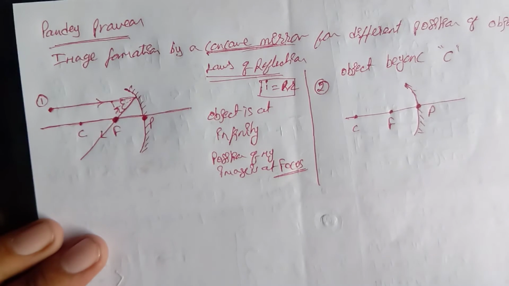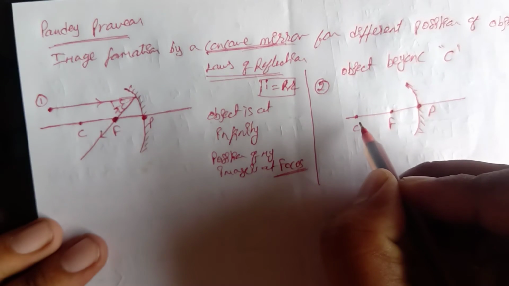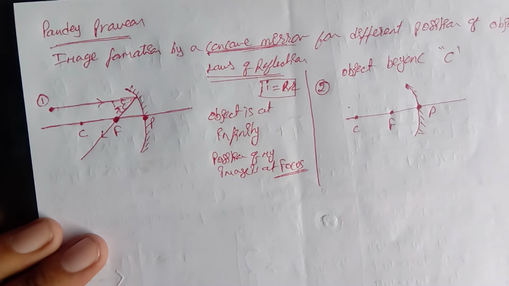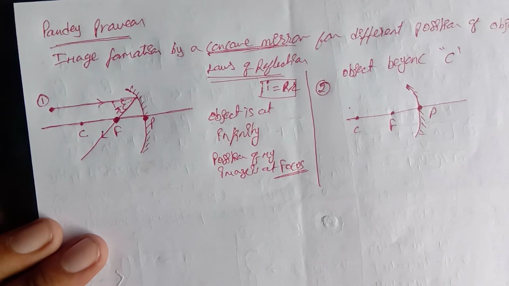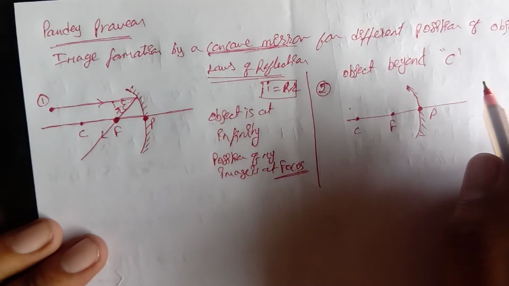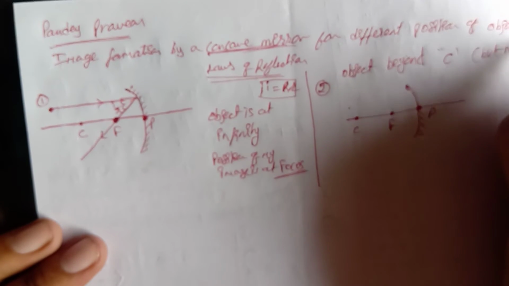Okay, so second means what? When my object is beyond C. If this is C, somewhere here, but not infinity. Beyond C but not infinite.